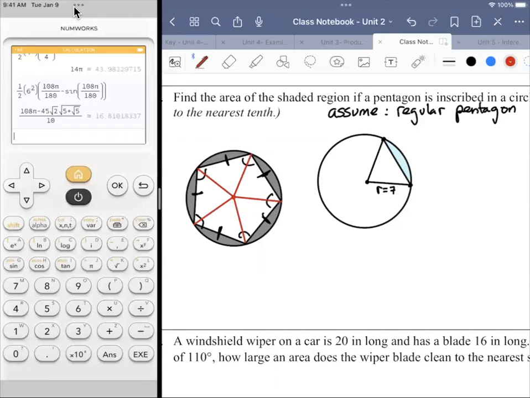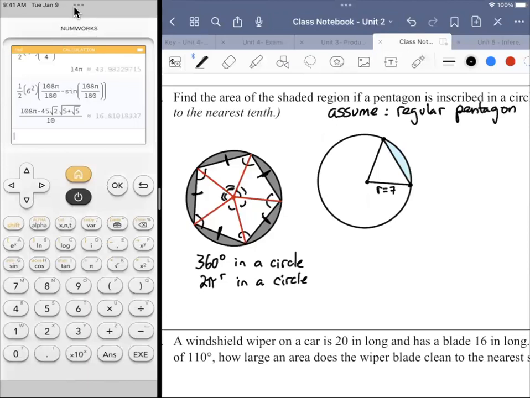There are 360 degrees in a circle. But for our purposes, we want to think in terms of pi. So 2 pi radians in a circle. Now, that 2 pi or the 360 is getting broken up into 1, 2, 3, 4, 5 different pieces.